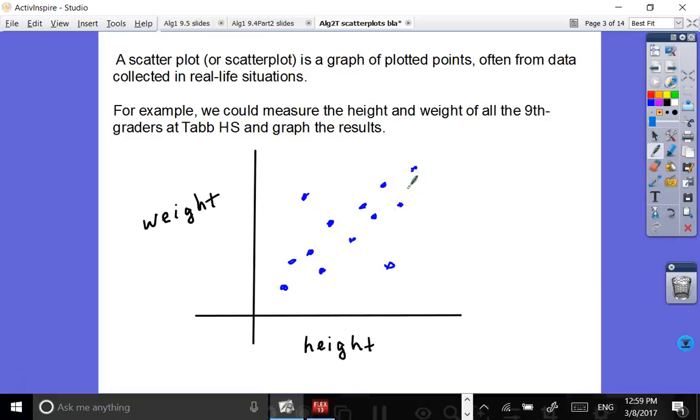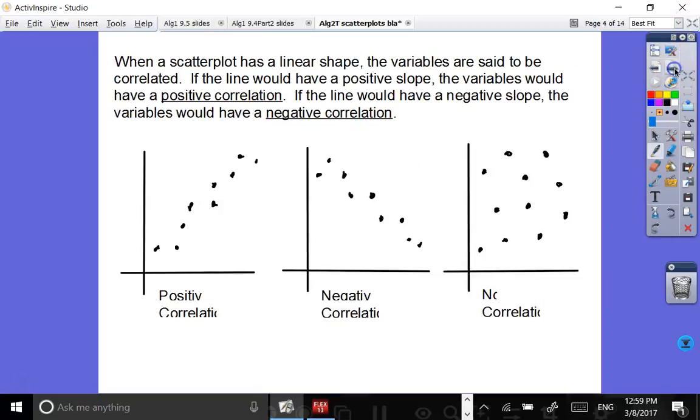Now, when you look at the scatter plot, if you can see that it looks like it's got a linear relationship to it, that's what you call correlation. Right, that's called a correlation.